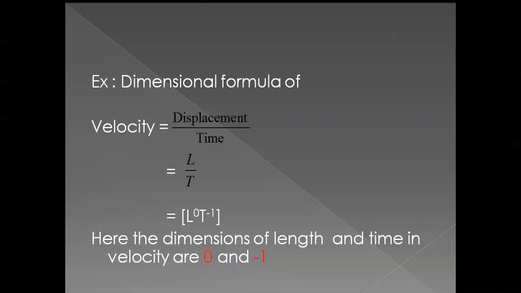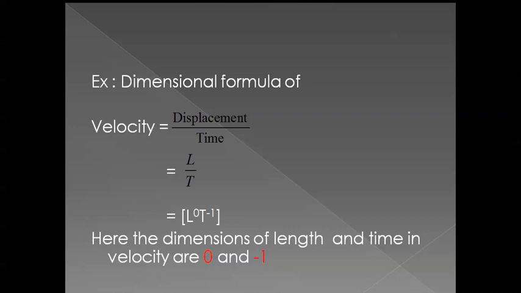So the dimensional formula of length is capital L, and of time is capital T. So L power 1, T power, sorry, here this is not 0, it is 1. So L power 1, T power minus 1. This is the dimensional formula of velocity.